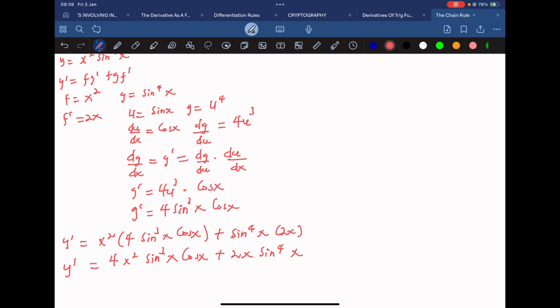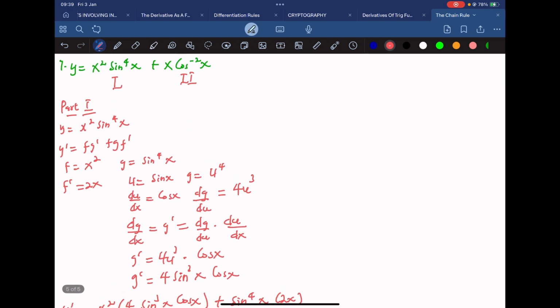So now after solving part 1, let's consider part 2. So for part 2, we have y equal to x cos inverse of negative 2x. So in this case, using the product rule, because we have this and this, we have f g prime plus g f prime.